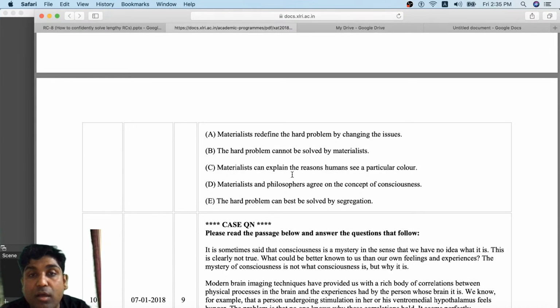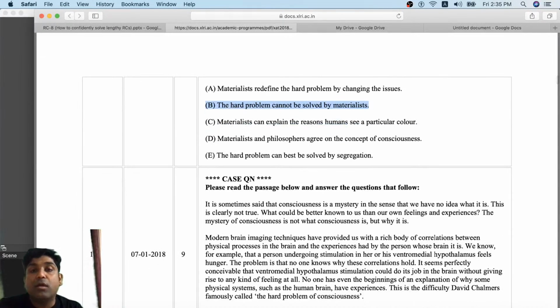So basically, B is the answer, because that's what is said in the last line, that the hard problem, that the consciousness has to be removed from the material aspect. It has to be seen from a very soul level aspect, and only then they can solve the problem. So B is the answer.